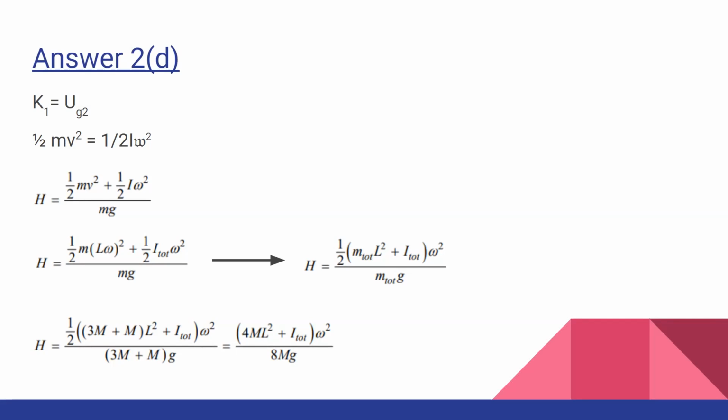Now we have formulas for both of these. You use 1/2 mv squared for K1, and 1/2 I omega squared, and you solve for the h in mgh.